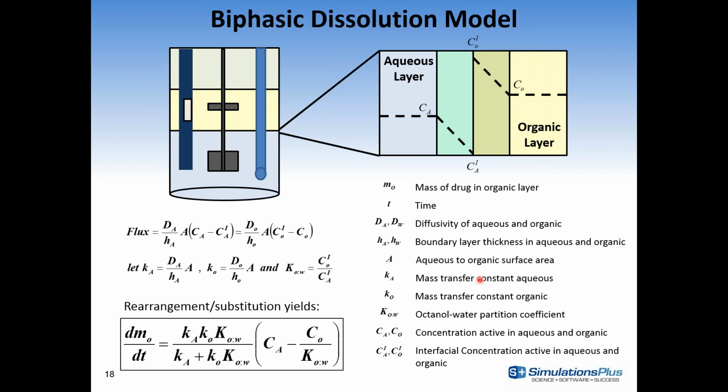The diffusion coefficients we can predict from structure. However, the boundary layer thicknesses are not really very well known in these systems, and so you have to maybe fit these. Of course, there's other literature that has looked at these values, and they're somewhere around 30 micron in thickness.